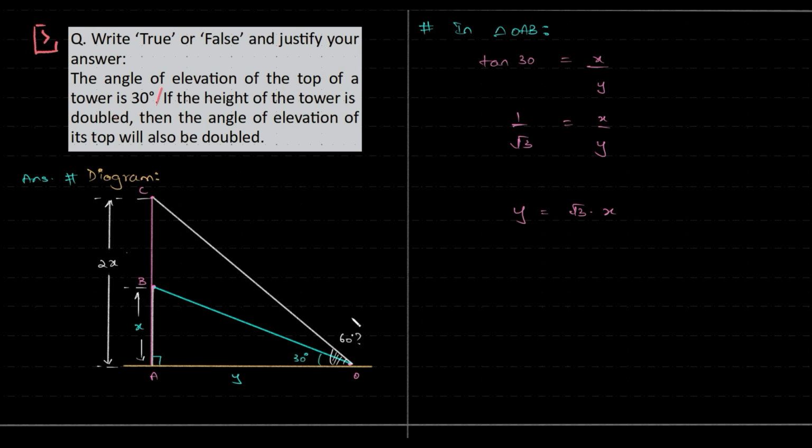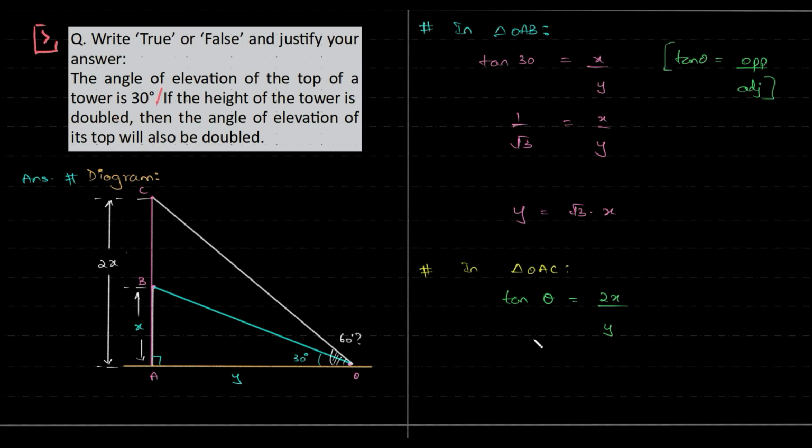Okay guys, and now let's talk about triangle OAC. Here we don't know what exactly is the angle. We'll call it as tan of theta is equal to opposite by adjacent. Remember, tan theta is opposite by adjacent. You have to mention it once.